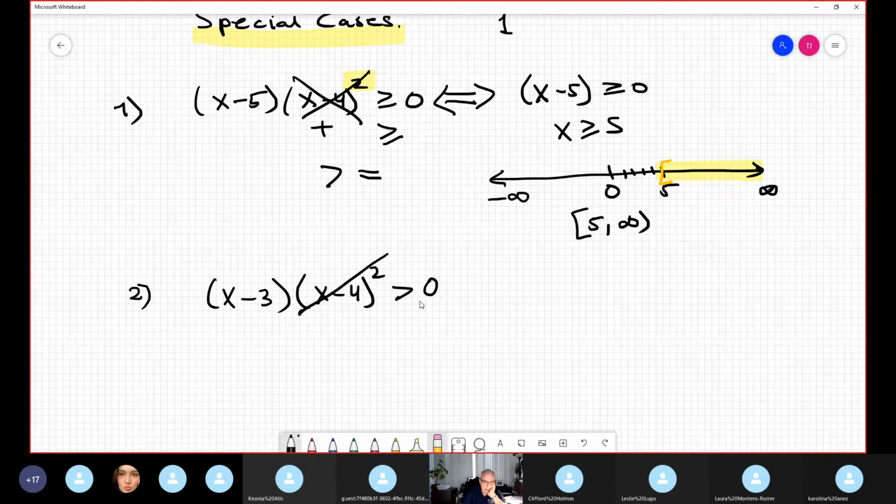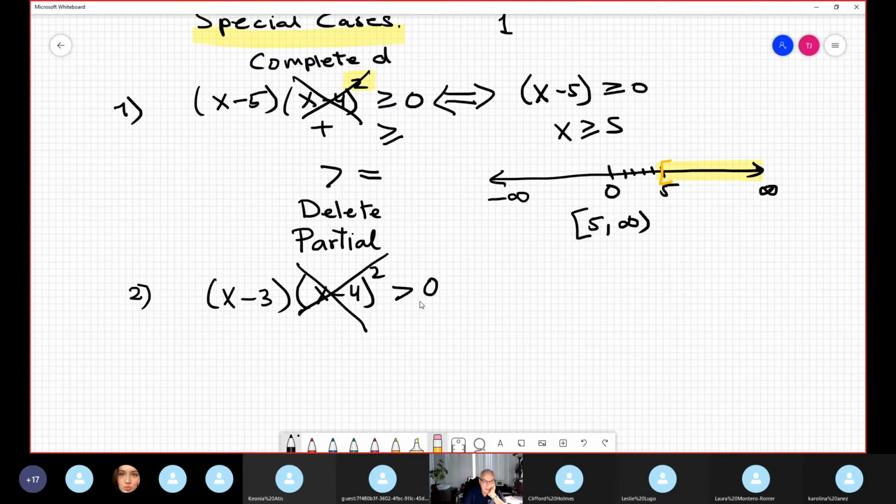You delete, but you delete partially. What does it mean to delete partially? This is a complete delete. Here, I ignore it, I don't care.